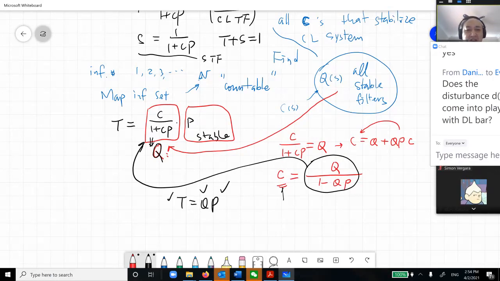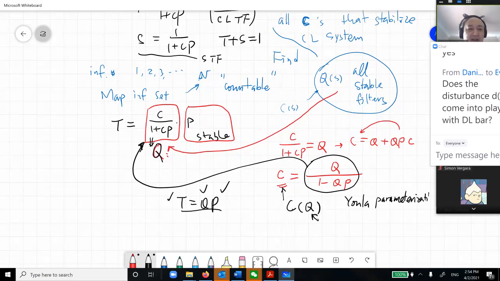Then C is parameterized by Q. If you give me a stable Q, I can find a C. Put this C into the controller here, and I get the closed loop like this. So isn't this beautiful? Yes. This is actually called Youla parameterization. It's the person called Youla who discovered this first.